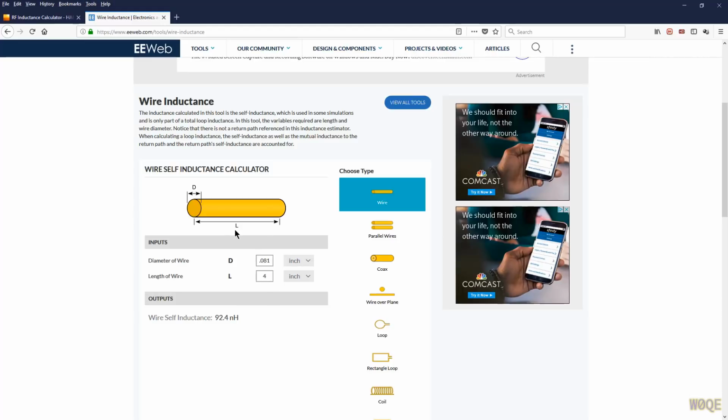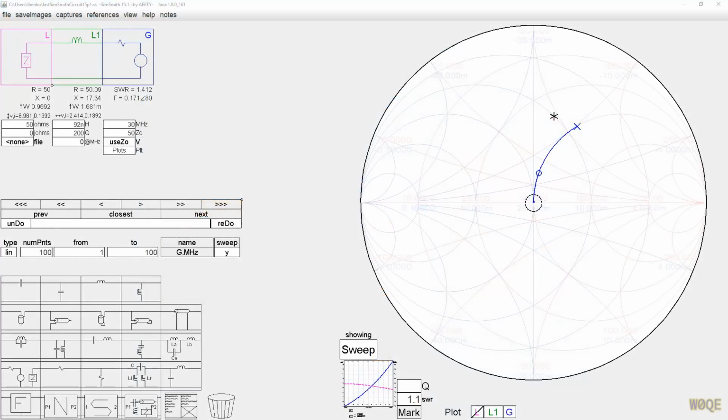But little things like this allow us to put these components into SimSmith in an attempt to get what we build and what we simulate to match better. And just to finish this off, let's take that 92 nanohenry piece of wire and plot it. Here's what we see plotting from 1 to 100 megahertz on a Smith chart.